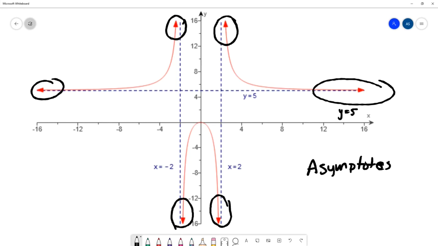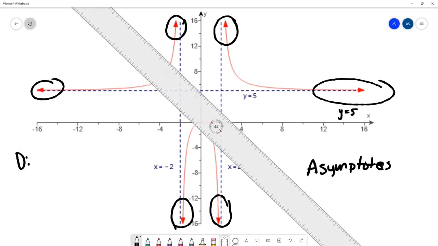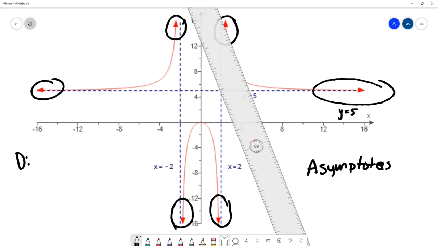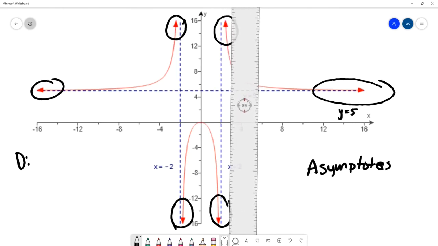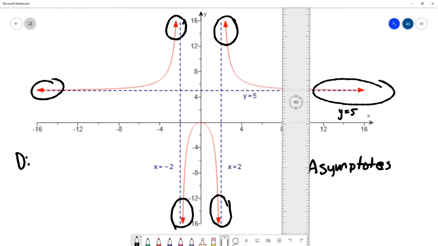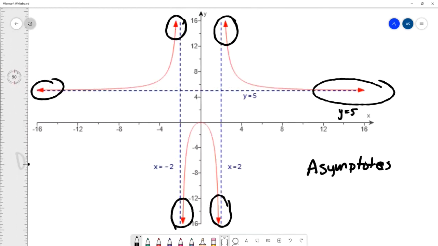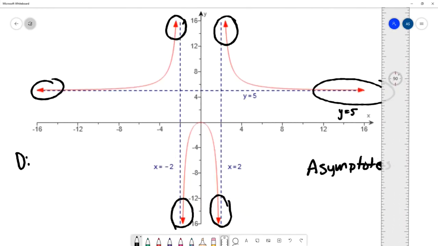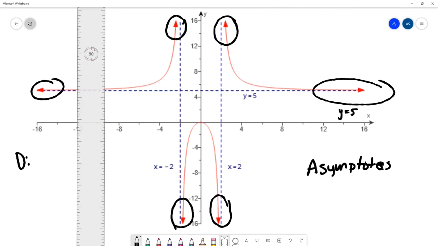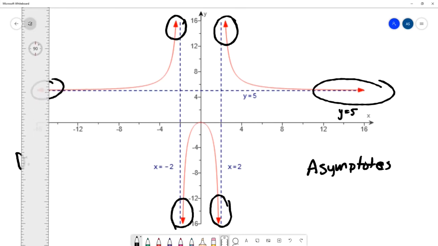So when we're finding domain on a graph, what I like to do is to have a ruler or a pencil and hold it vertically. The reason I'm holding it vertically is because when I hold it vertically, it's going along the x-axis from -infinity to infinity, and it's helping me see where the graph starts in terms of x's and where the graph stops in terms of x's.